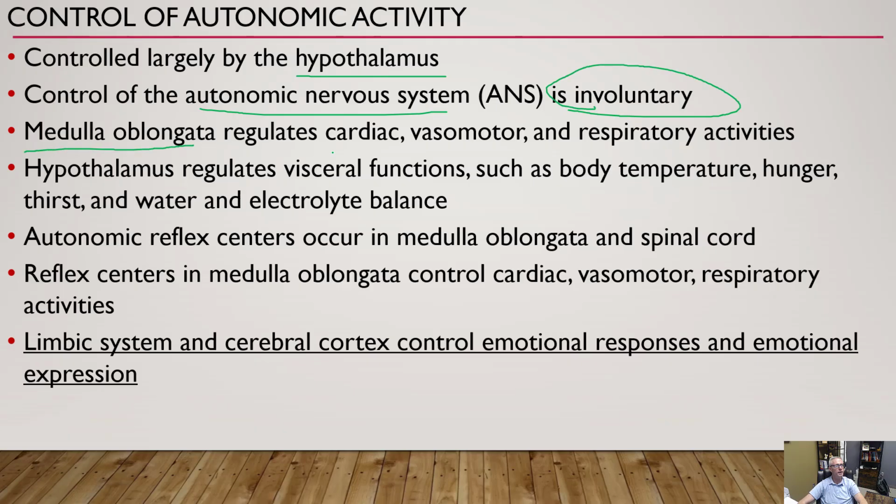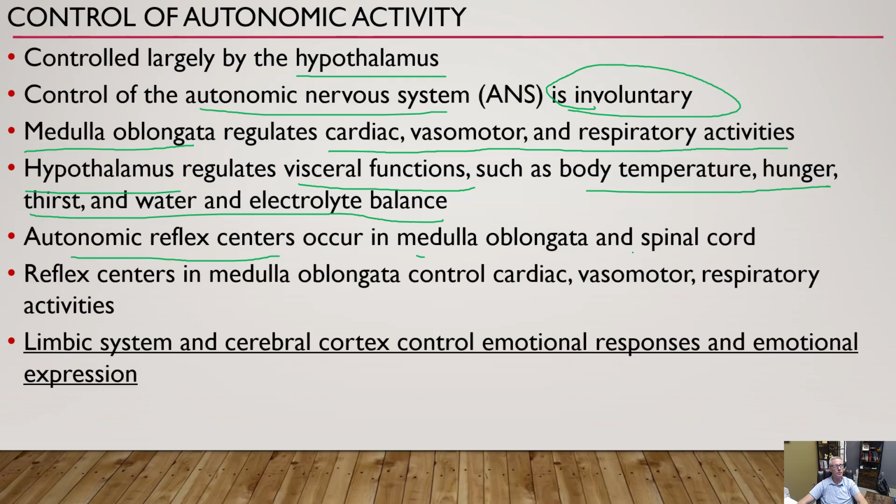Medulla oblongata: cardiac, vasomotor, respiratory activities. Hypothalamus regulates a lot of your visceral functions: body temperature, hunger, thirst, water, electrolyte balances. A lot of your reflexes occur in your medulla oblongata and your spinal cord.